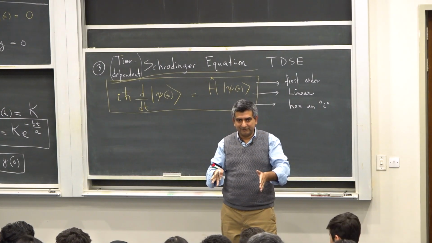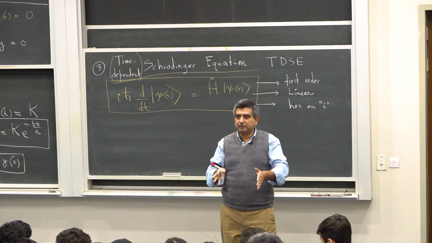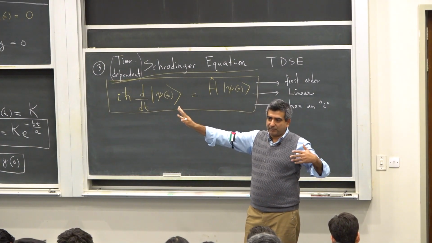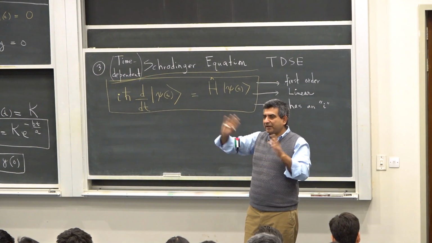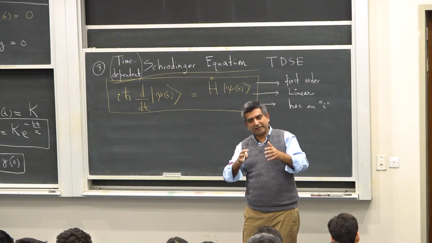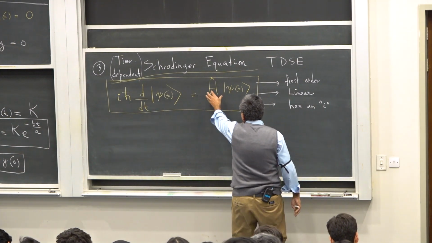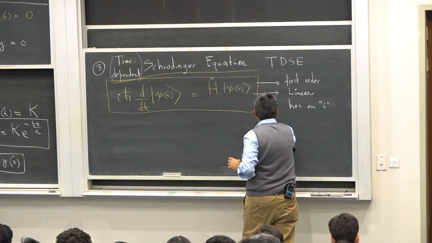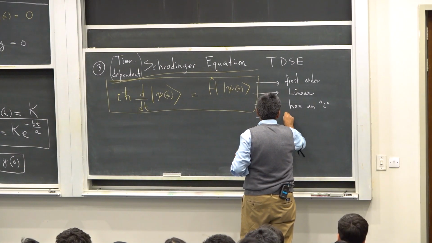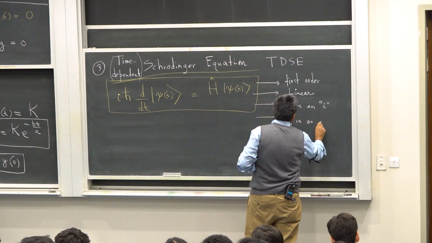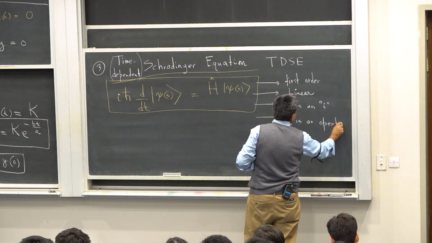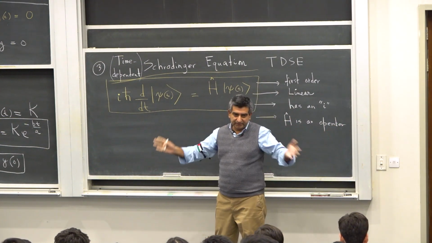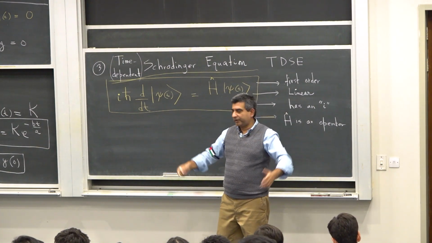It's a matrix. That's the only difference that you have from classical physics. In classical physics, you didn't have any matrices. Now you are dealing with a matrix, an operator. This operator acts on this quantum state. I'm going to see what the meaning of this operator is, but H is an operator. H is called the Hamiltonian, the Hamiltonian operator.